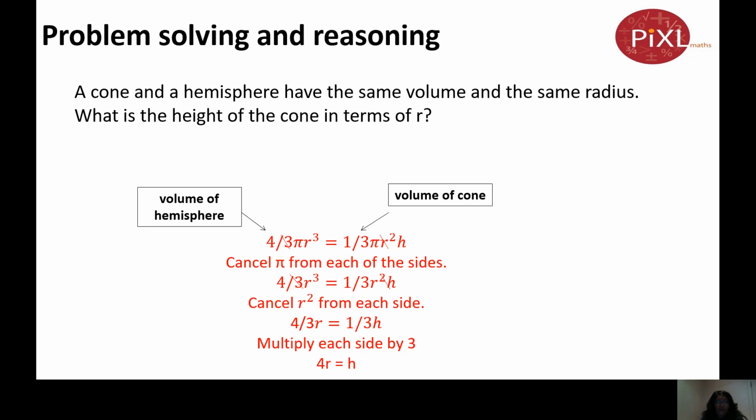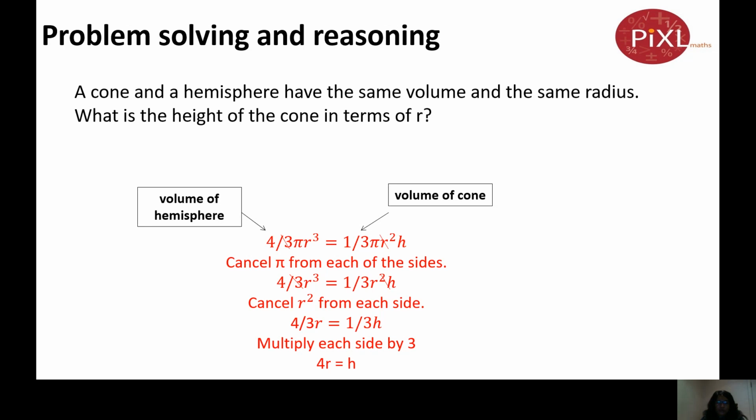We then have 4 pi r cubed for the hemisphere and 1/3 pi r squared h. That is the volume of the hemisphere, but we need to divide it by 2 later on.